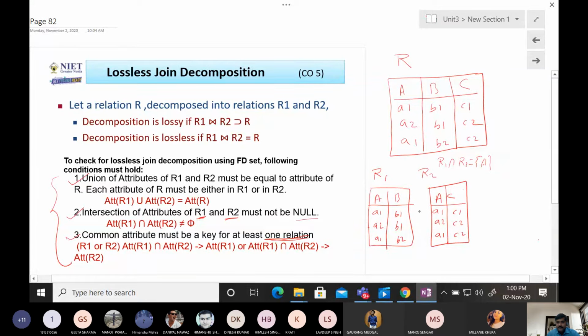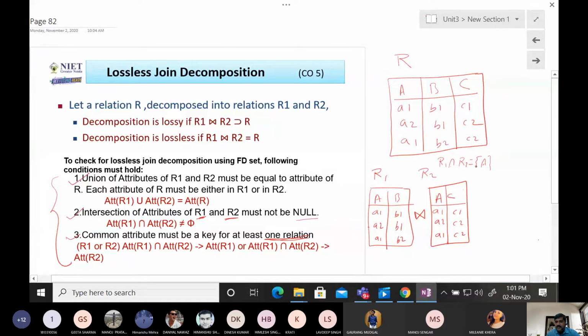First condition is satisfied. If we take the union of attributes of R1 and R2, then we get the attributes of R. Second condition, R1 intersection R2 is not equal to null, satisfied.